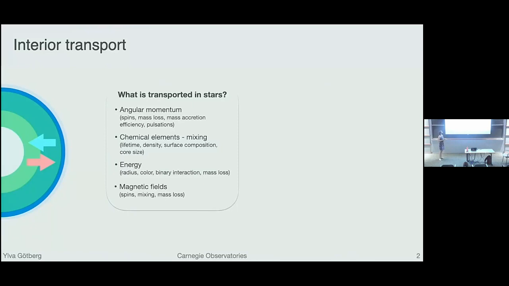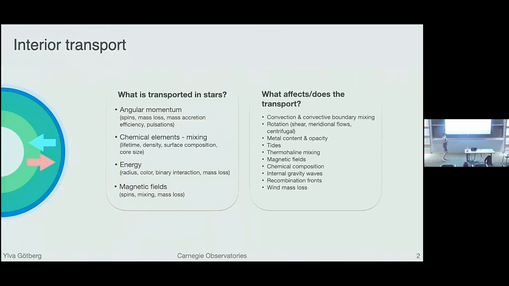And I know that the last one doesn't really belong here, so magnetic field is maybe not transported, but when you think about things happening inside of the star, magnetic fields are affected. Just because I got a little bit into magnetic fields during this workshop, I decided to include magnetic fields. Okay, so what affects this? I would have wanted a nice arrow to a few things. This doesn't really work because everything seems to be dependent on each other.